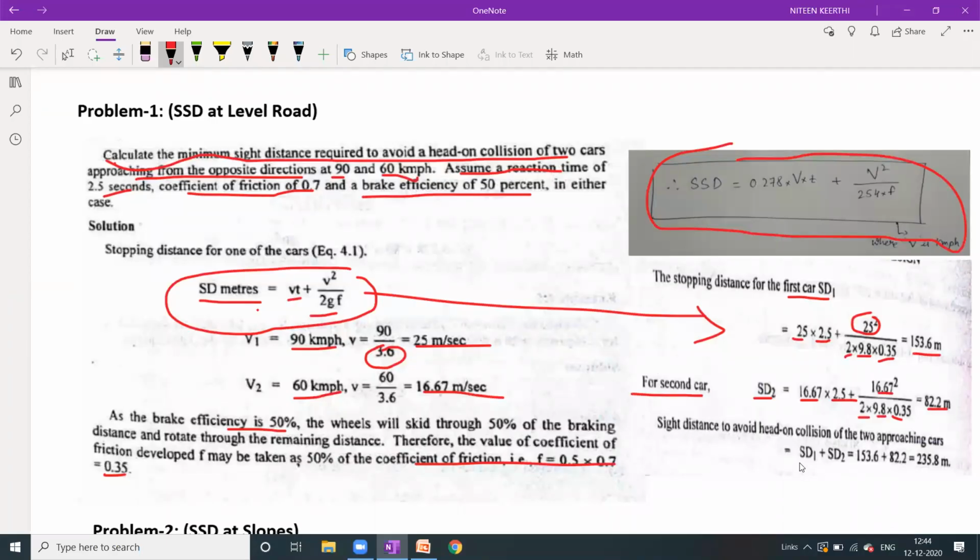Since the sight distance is to avoid head-on collision, the stopping sight distance of car 1 and car 2 should be added. Together the total is 235.8 meters, which should be the sight distance to protect against head-on collision of two cars coming from opposite directions.